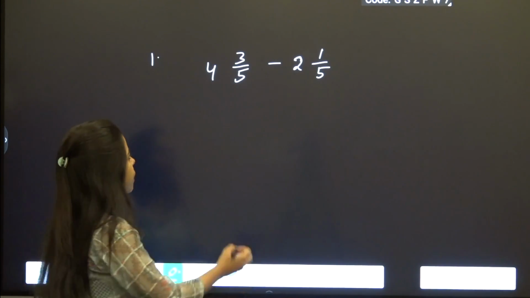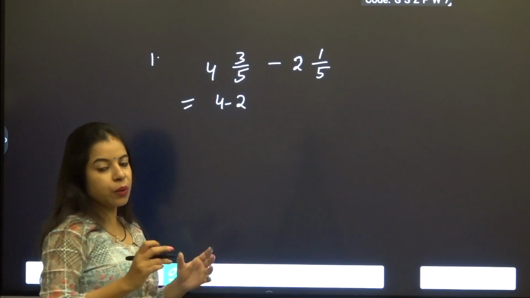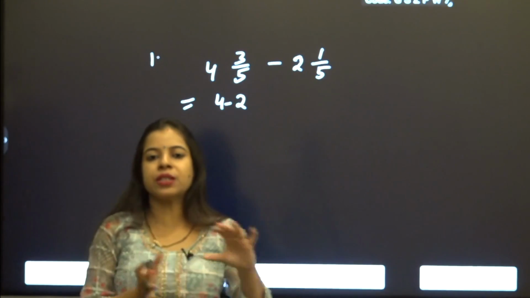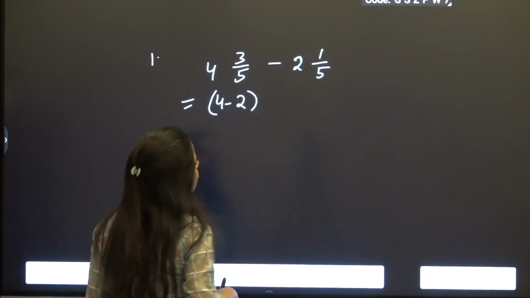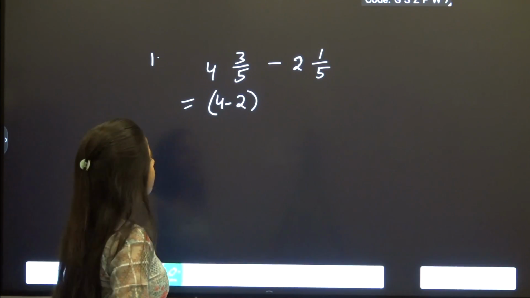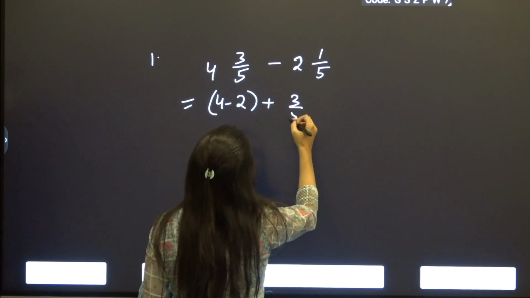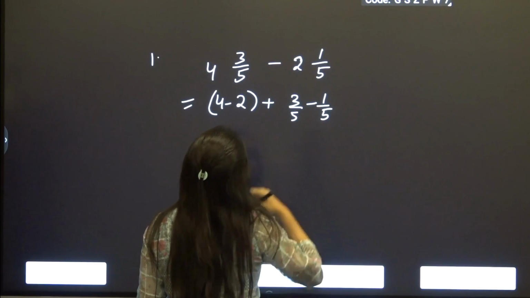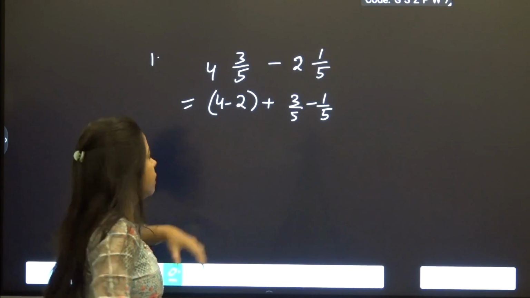Okay, what we can do is 4 minus 2, we are going to consider the whole part and the fraction part separately. So 4 minus 2, okay, and next is 3 by 5 minus 1 by 5. See why I have written here addition?